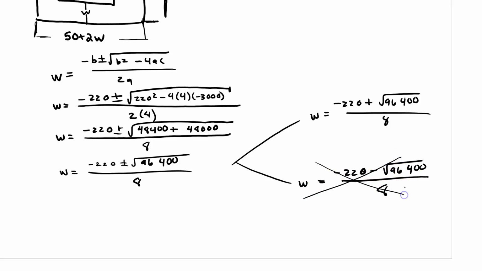We can disregard that one. We don't even have to go further with it, because dimensions cannot be negative, just like time cannot be negative. So I'm just going to focus in on this one.